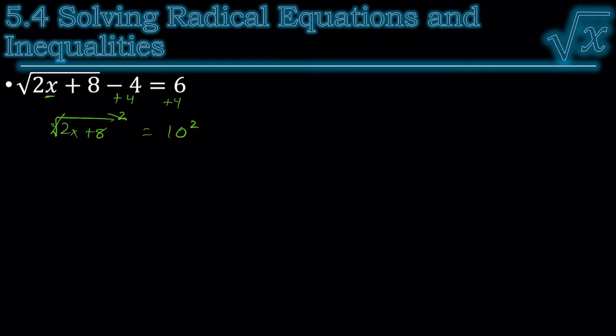Square root and the square cancel out. The next most outside thing is the 8. We'll get rid of the 8. Next most outside thing is the 2, and it's multiplied, so we'll divide. And I think you get 46.